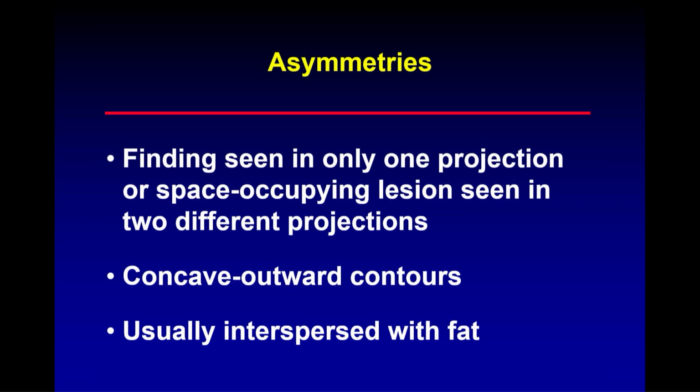But key to this is that the asymmetries, instead of having convex outward contour, have concave outward contour, and they're often interspersed with fat. Basically, asymmetry looks like normal fibroglandular breast tissue. It's just collected in 1 area which is different than the other side. You can't see asymmetries in a woman who's had a mastectomy unless you have her prior exams where she still had the other breast.